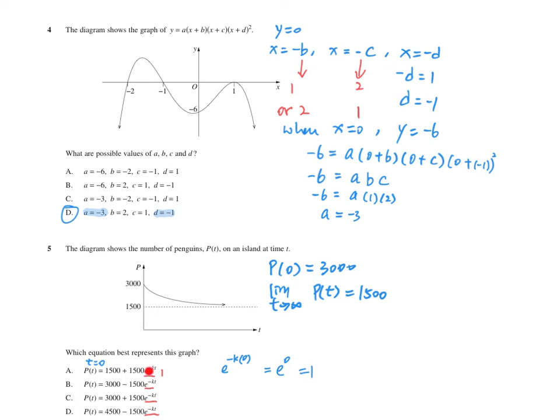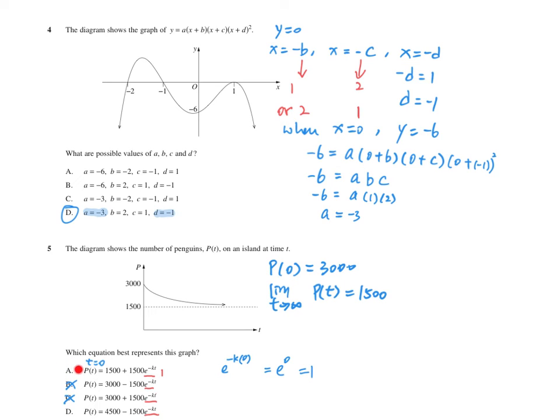So this e to the power minus kt should get the value of 1, which makes only 1500 plus 1500 equal to 3000. 3000 minus 1500 is not 3000, so this one should not be the correct answer. And C should be 4500, not the correct answer again. And 4500 minus 1500 also gives you 3000.